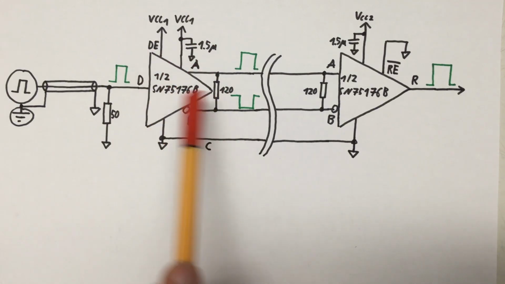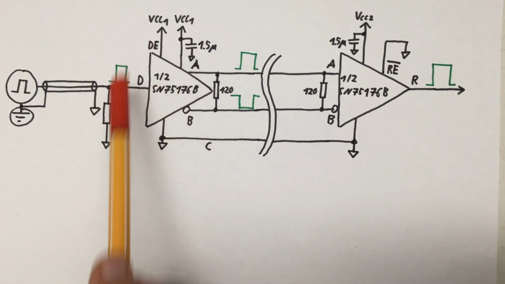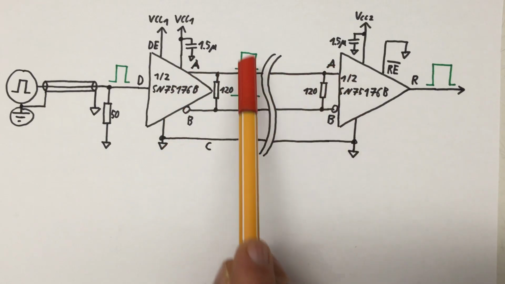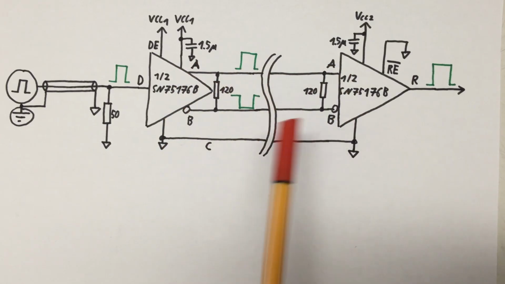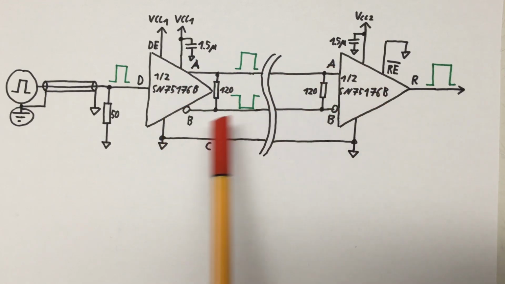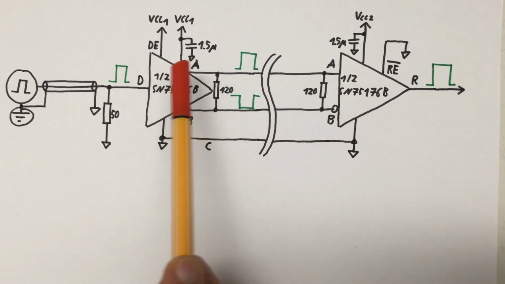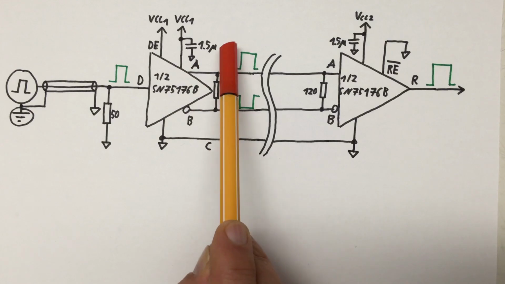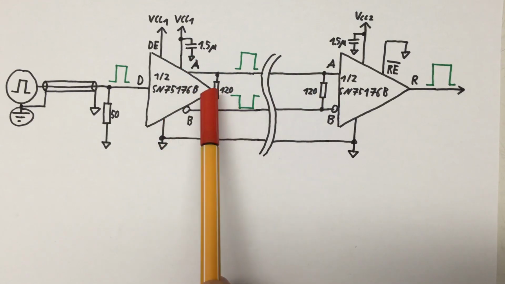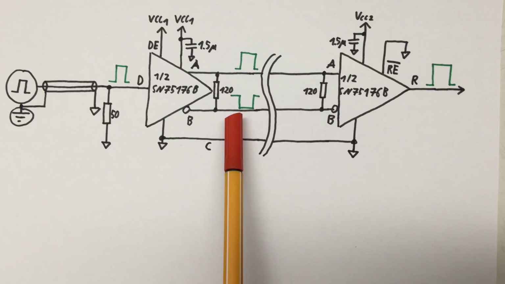The transmitter is turning the single-ended signal into an RS-485 differential signal. So we have now the signal here on two lines, which come out on the A pin, which gives you the non-inverted signal, and on the B pin, which gives you the inverted signal.